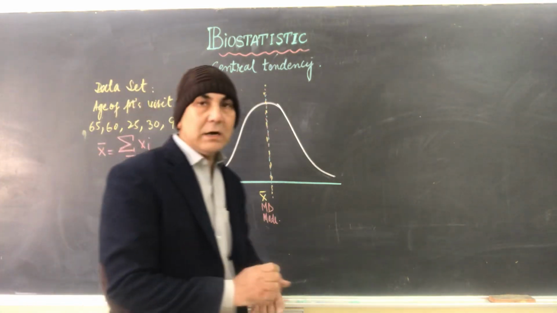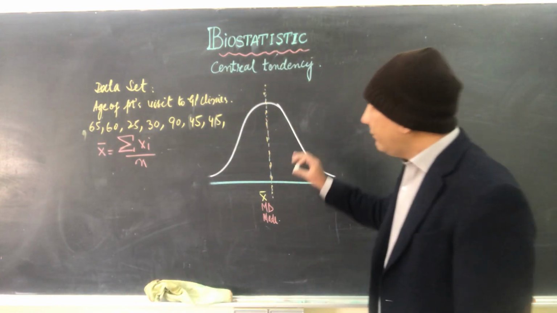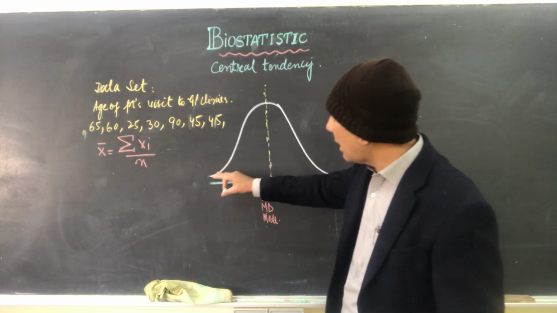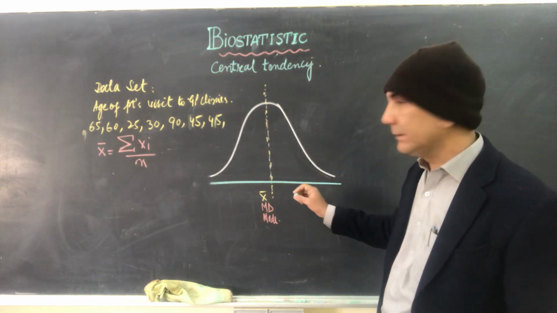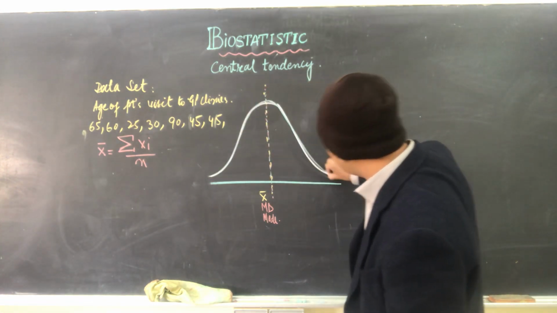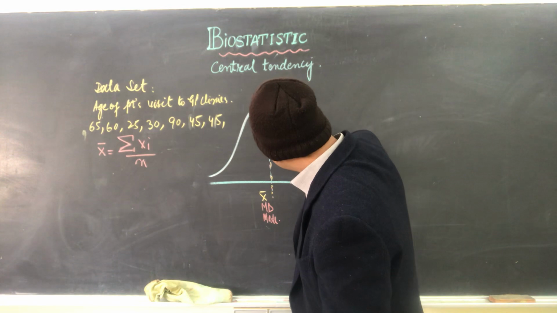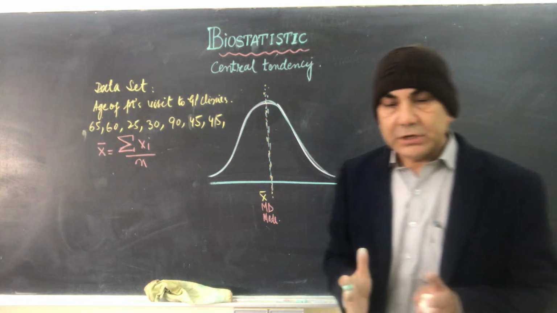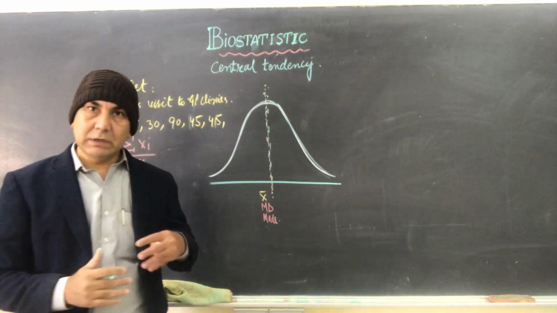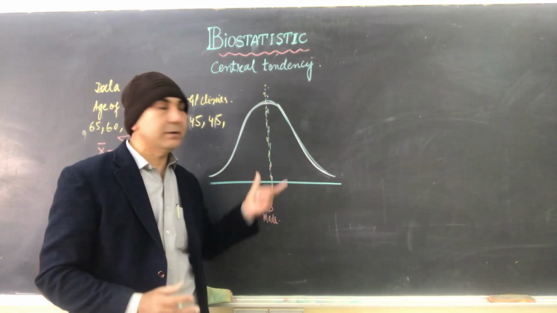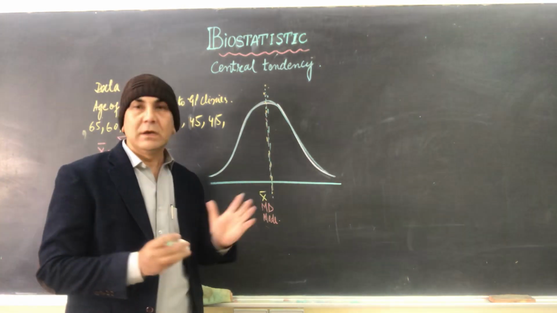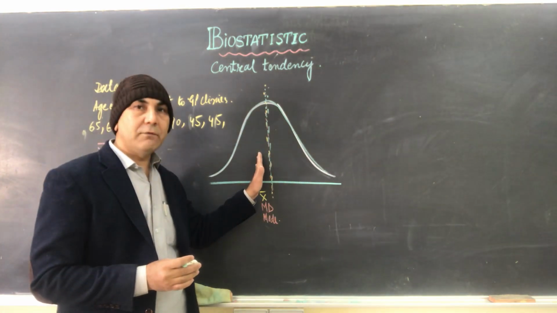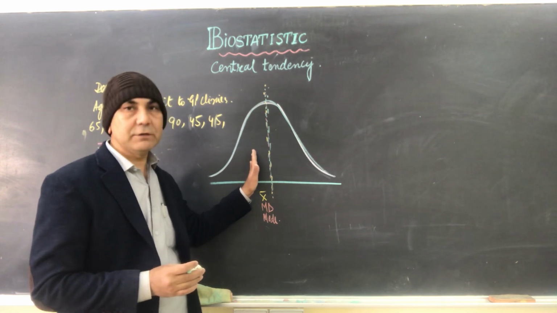The center of the data is where, if the data is normally distributed, it always gives the shape of a bell. This is the center of the data. The center of the bell shape divides the data into two equal halves, the left side and the right side.